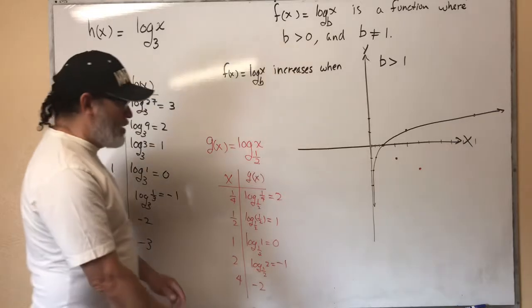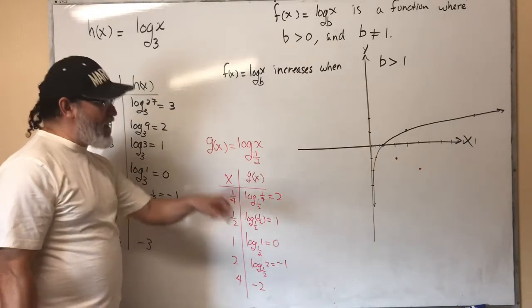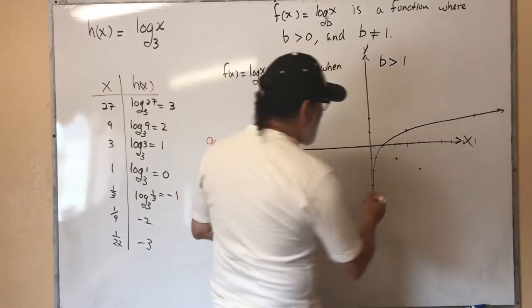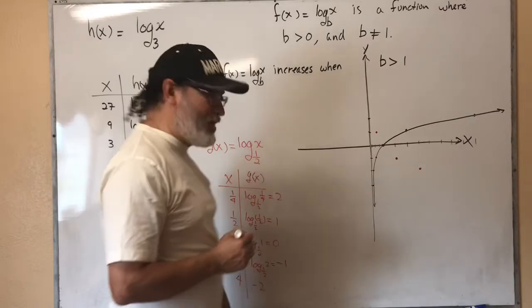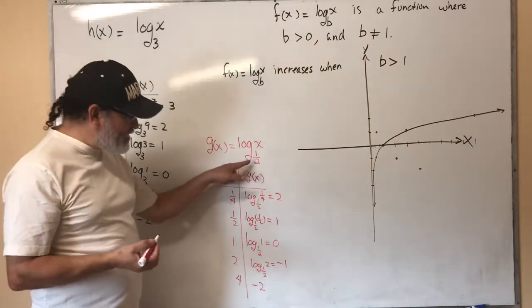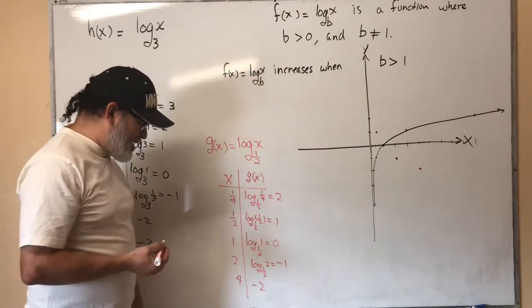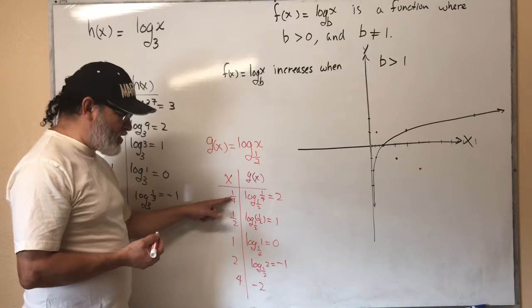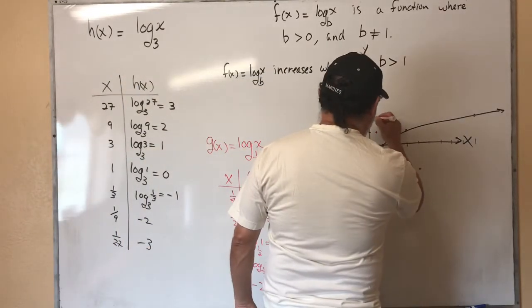When x is half, y is 1. X is half right in the middle, y is 1 right there. It's decreasing because the base is half. When x is 1/4, y is 2, right around there.